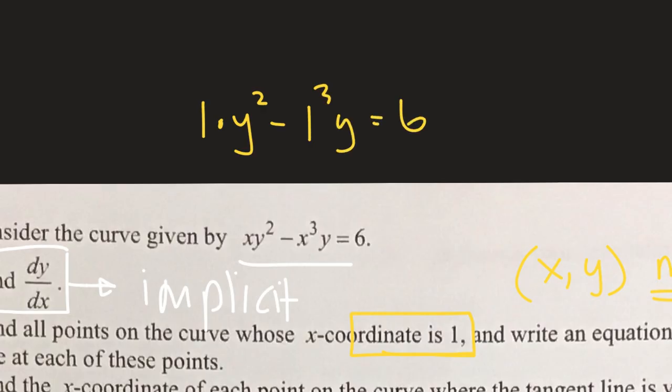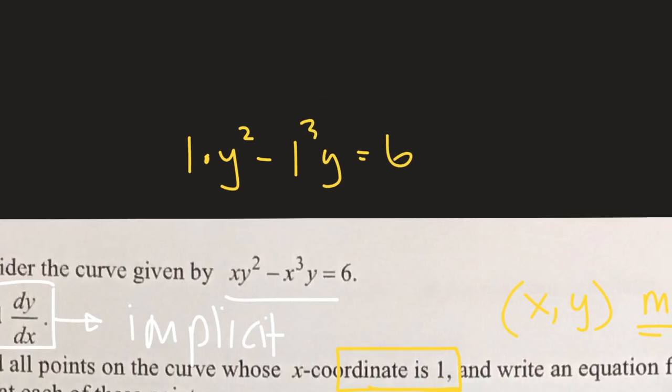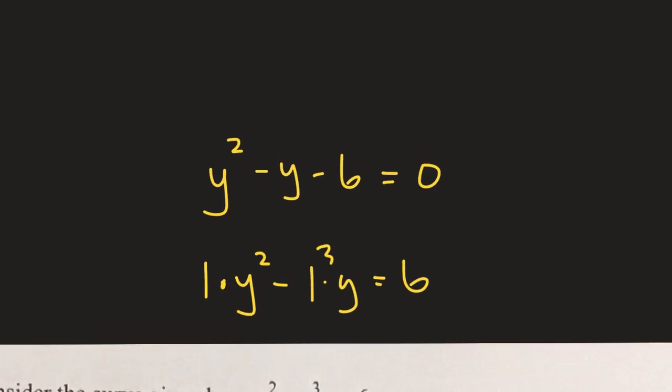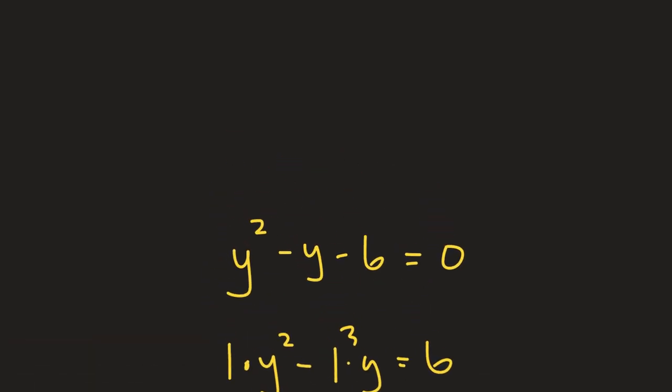So I'm going to plug 1 in for x up here in my original function. Okay, and I get basically 1 times y squared minus 1 times y equals 6. So I'm going to change this into a quadratic. Y squared minus y minus 6 equals 0, right? Because 1 cubed is 1 and 1 times y squared is 1. So I get y squared minus y minus 6 equals 0, which is a factorable polynomial.